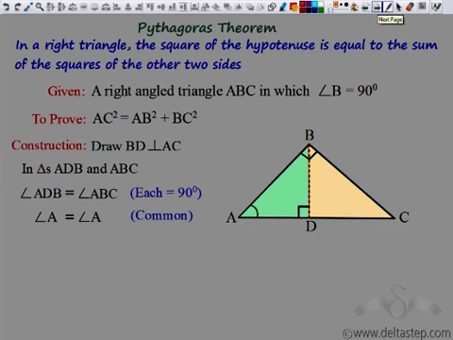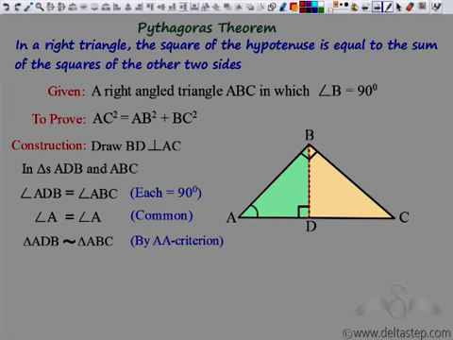When two angles of one triangle are equal to two angles of the other triangle, I can say that the triangles are similar by angle criterion. Once I know that triangles are similar, I can say corresponding angles are equal and the corresponding sides are proportional.